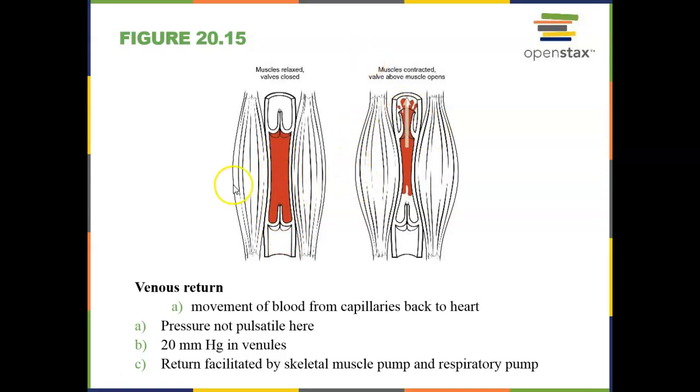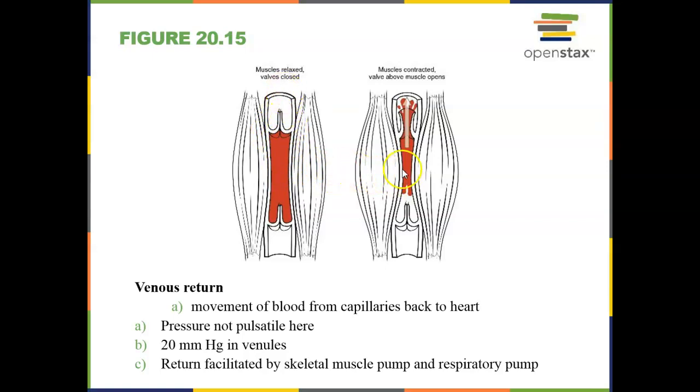You see here we have skeletal muscle on each side of the vein. When the skeletal muscle contracts, it causes the superior valve to open, and blood rushes out into the next region of the vein. And then when the skeletal muscle relaxes, the valve closes back up.